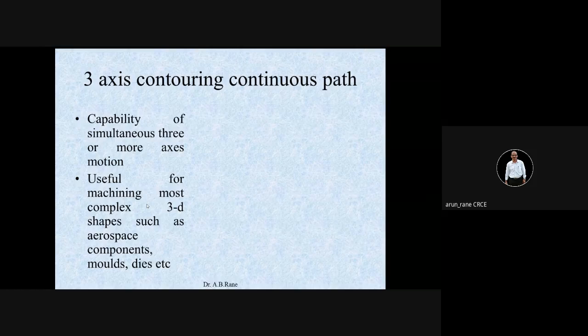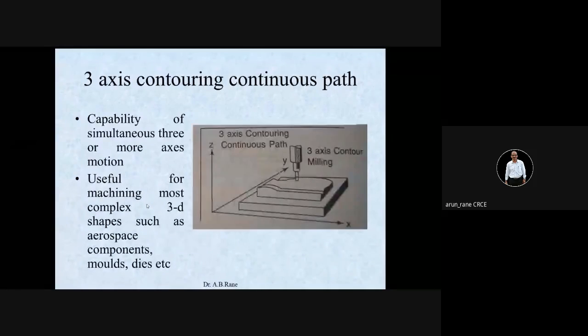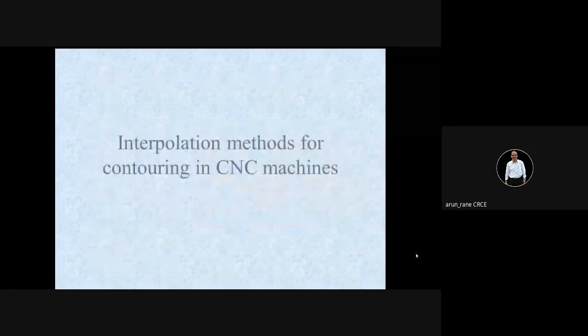And this is useful for your 3D shapes, mostly in molds and dies. So here X, then Y and Z, all the three axes move simultaneously. This is what is called interpolation.